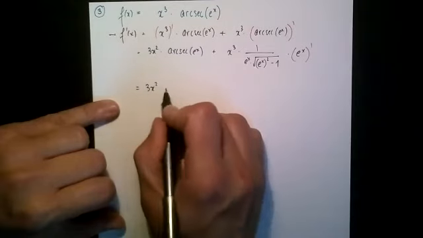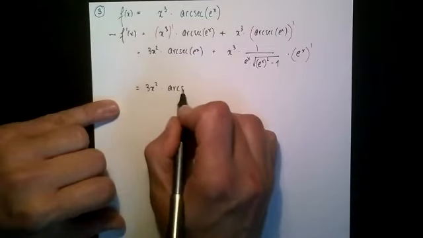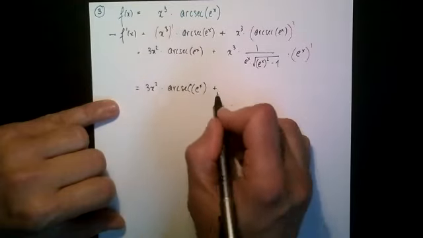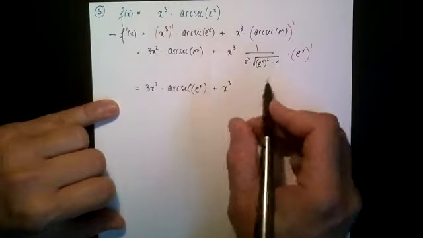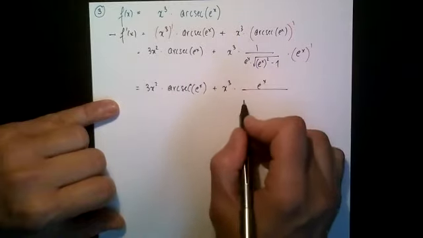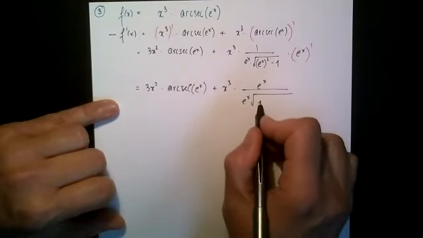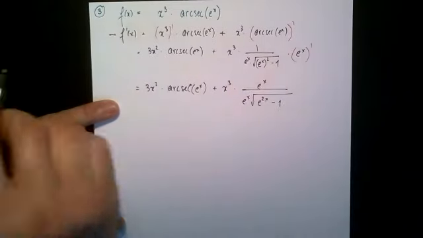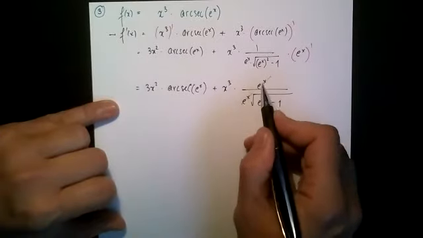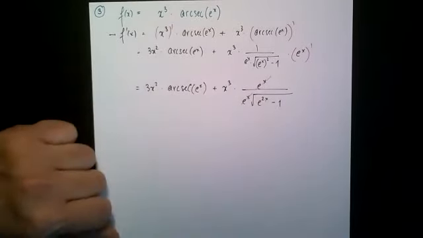So 3x squared times arc secant of e to the x plus x cubed times derivative of e to the x, which is e to the x over e to the x square root of e to the 2x minus 1. And of course, this can cancel. And that's going to be your answer.